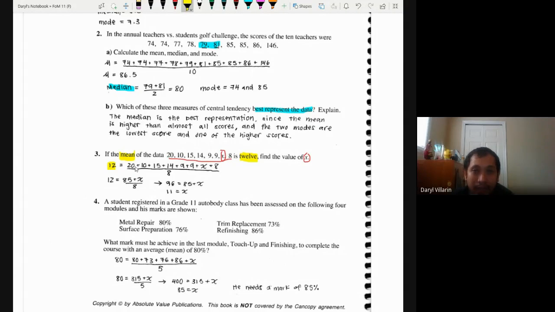So if you add all the constants, 14, 9, and 8, that gives you 85. And then you have (85 plus x) over 8. So just solving for x gives you 11.